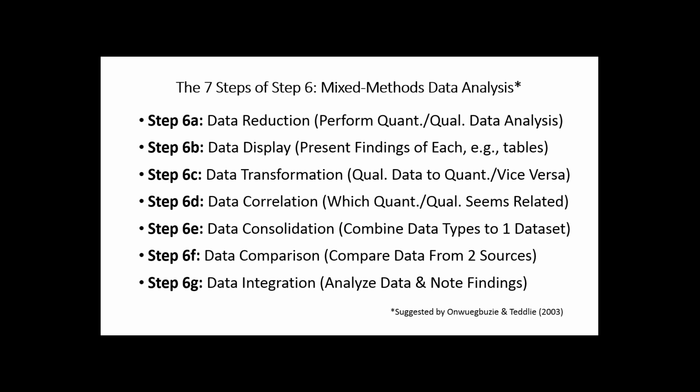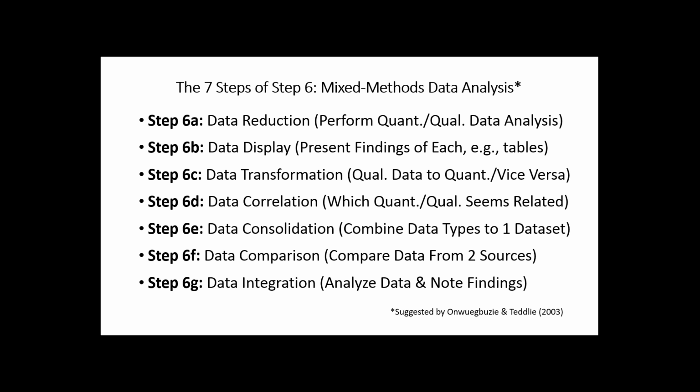And then 6D, data correlation. So we look, not based on actual inferential analysis yet, but we look and we see what variables seem to be related to one another. So we're looking conceptually. So 6E, data consolidation.